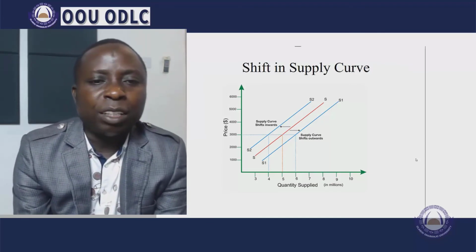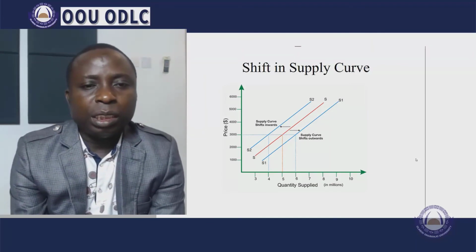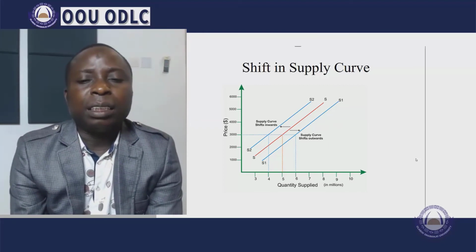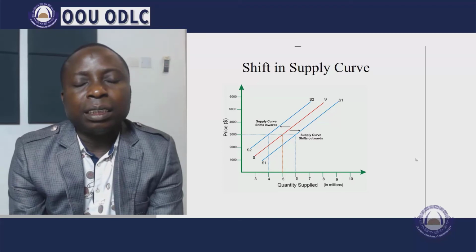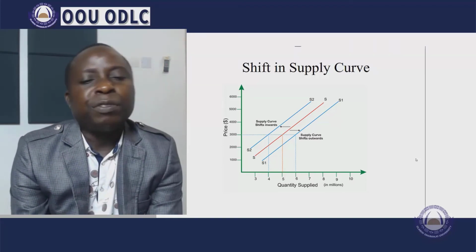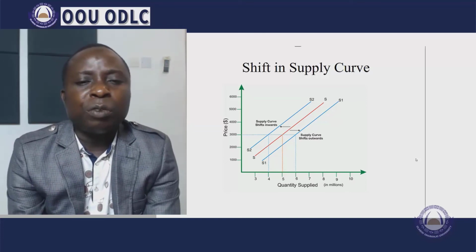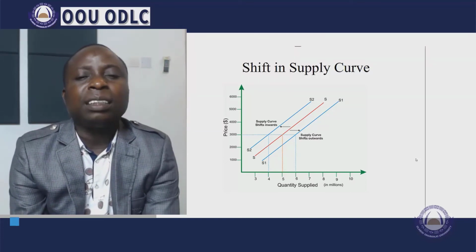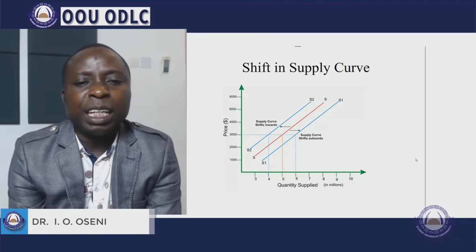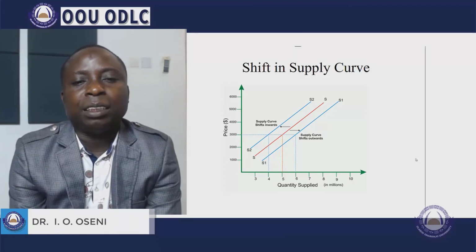Shift in supply curve. We have the initial supply curve represented by Xs, while the outward shift in supply curve indicates increase in supply.